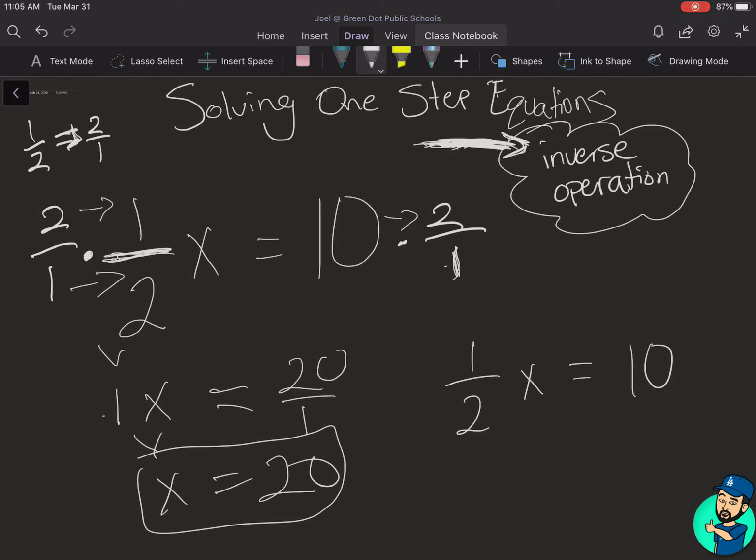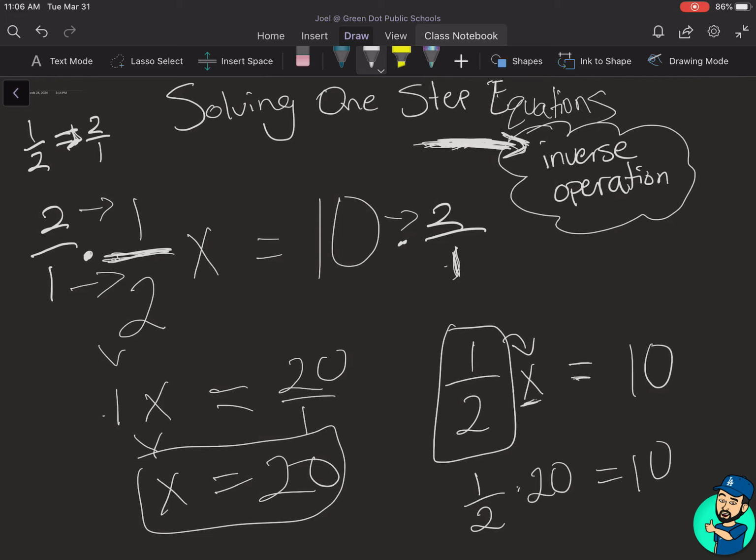Now also, if you look at this problem here, the same one, you can read it this way. Half of what number equals 10? Again, half of what number equals 10? Half of 20 equals 10.